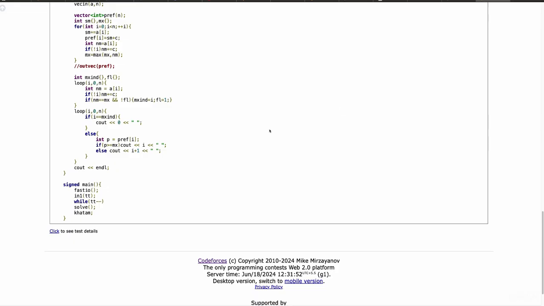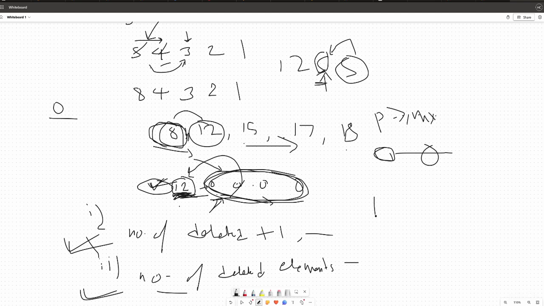And in the second case, if p is not greater than max, then we will print i plus 1. Because if p is less than max, then what is the guarantee that max is only occurring after p?